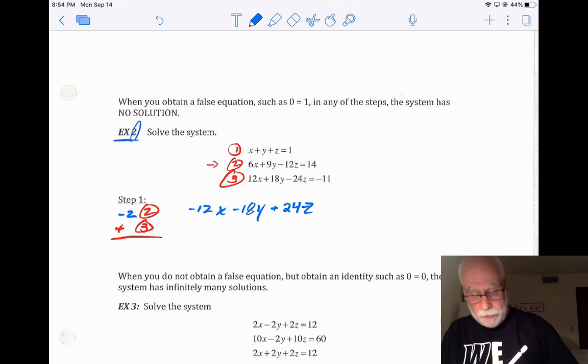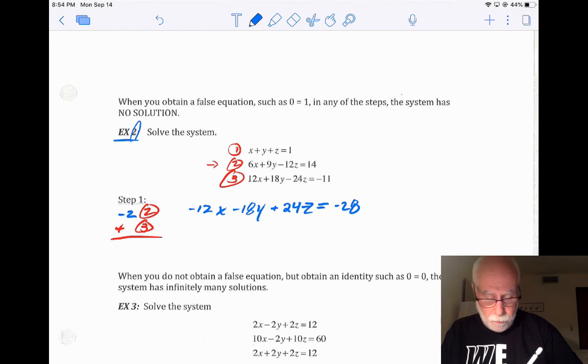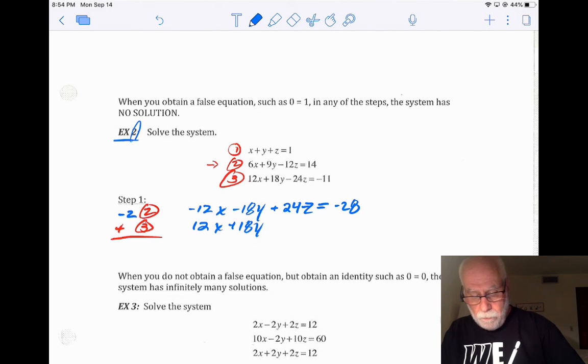And again, I still have to multiply everything, so negative 2 times 14 is negative 28. Okay, now number 3 was just 12x plus 18y minus 24z is equal to negative 11.